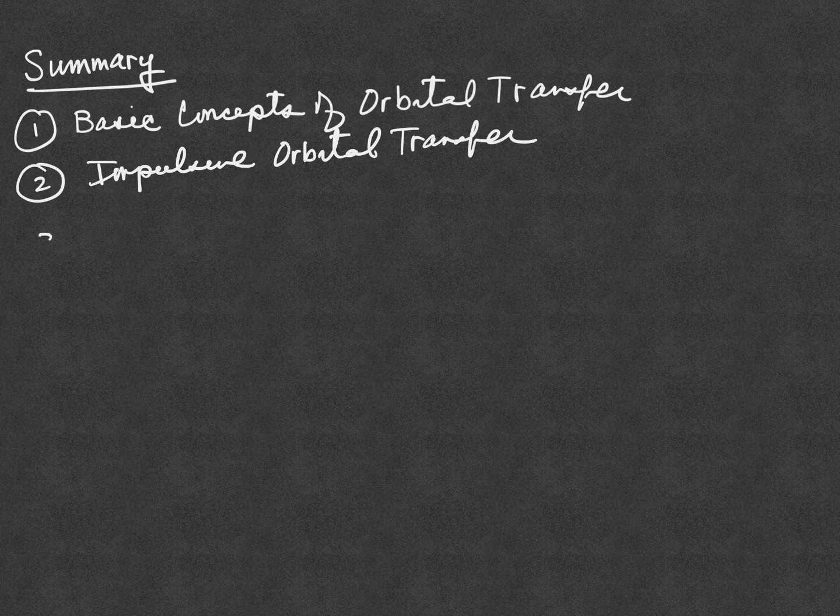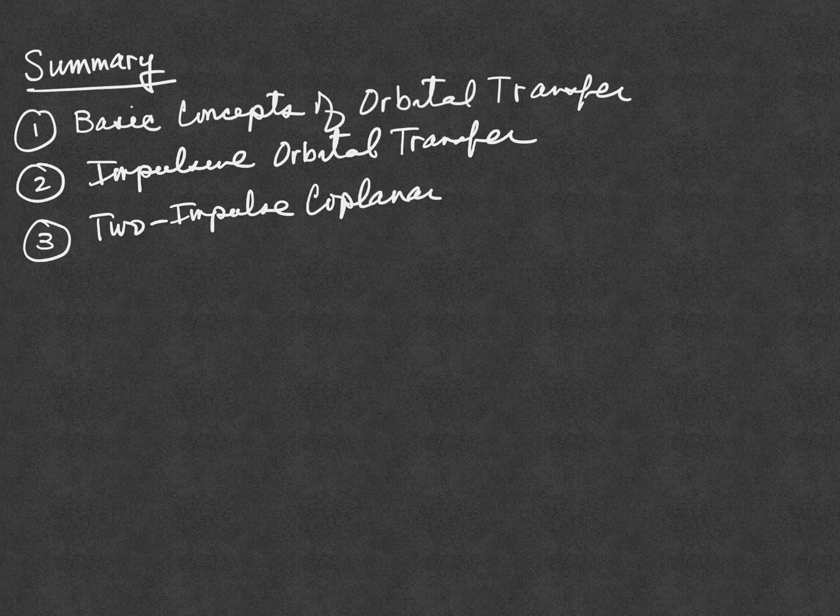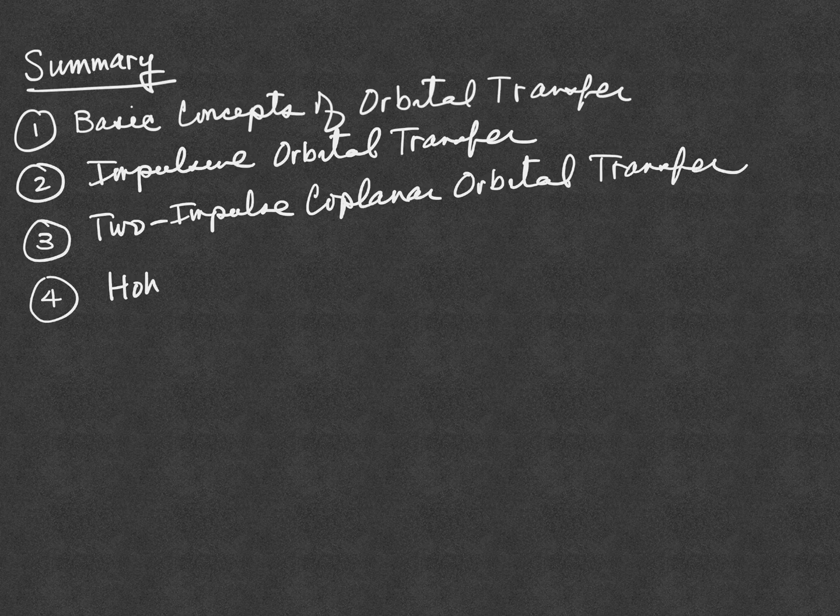And then we got more specific and discussed two-impulse coplanar orbital transfer. And finally, the last part of this lecture, we provided a detailed analysis of the most basic two-impulse coplanar orbital transfer called the Hohmann transfer.